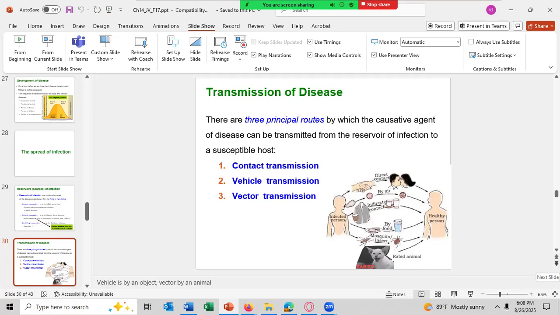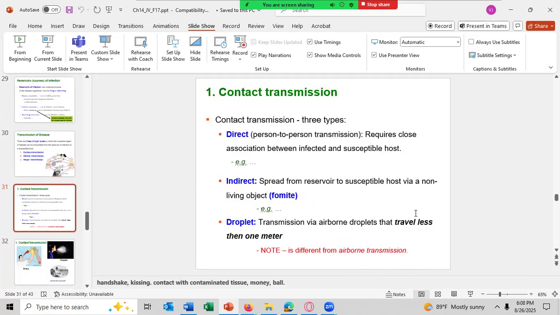So three principal routes of disease. There are three routes of contact transmission. There's direct person-to-person transmission, requiring close association between the infected person and the susceptible host, like when somebody sneezes on their hands and then shakes somebody else's hand.